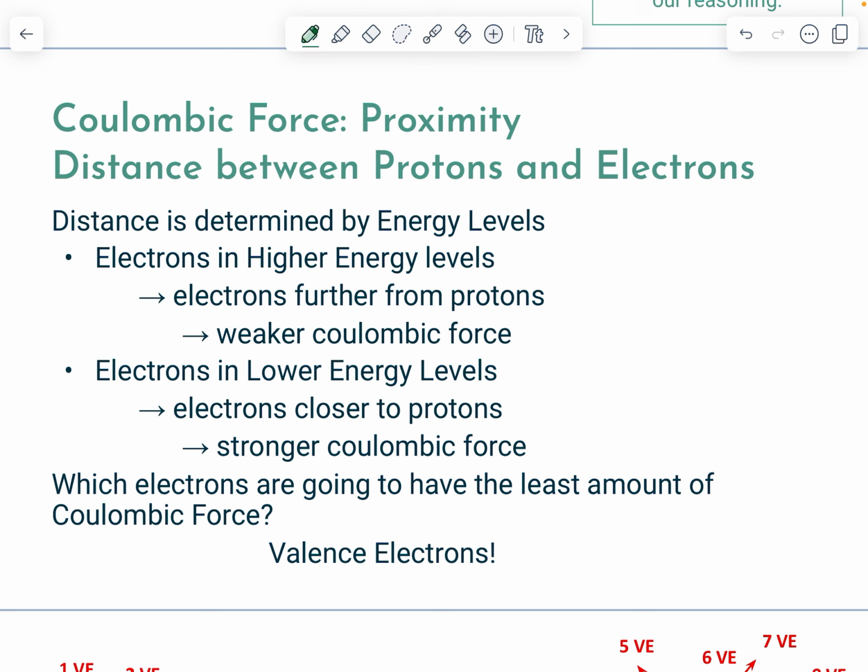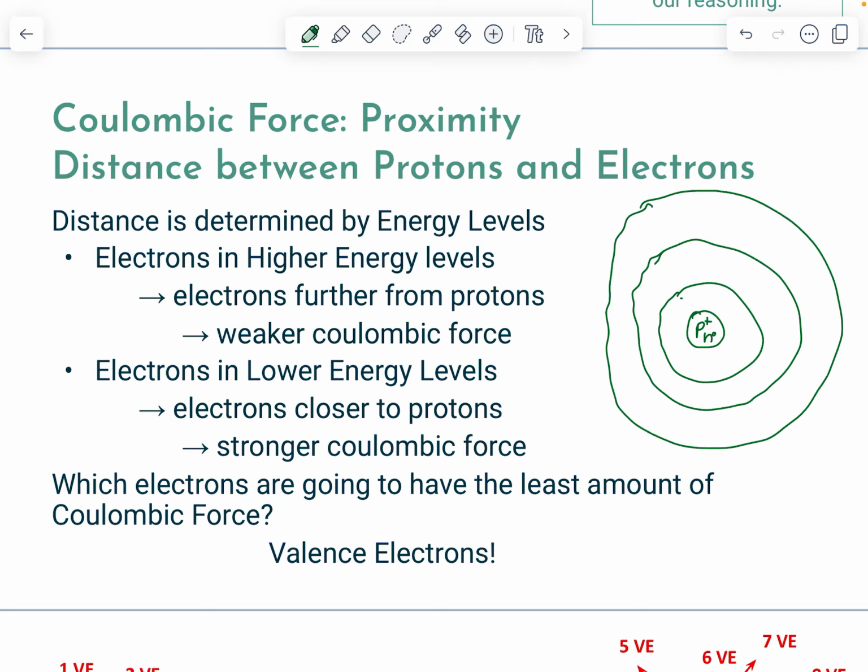If we think about that model of an atom, if this is my nucleus with my protons and my neutrons, as we have those energy levels, if we want to think of those like a Bohr model, the higher those energy levels are, the farther away our electrons are going to be from that nucleus. The lower that energy level, the closer the electrons are going to be.